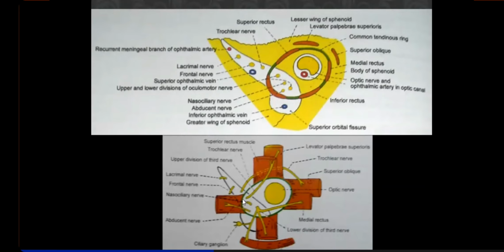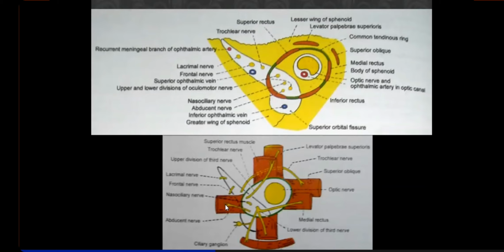This abducent nerve enters infrolaterally in this common tendinous ring, and it will pass laterally. Remember, one other exception about this nerve supply is that lateral rectus is the only muscle which is innervated on its ocular or medial surface.